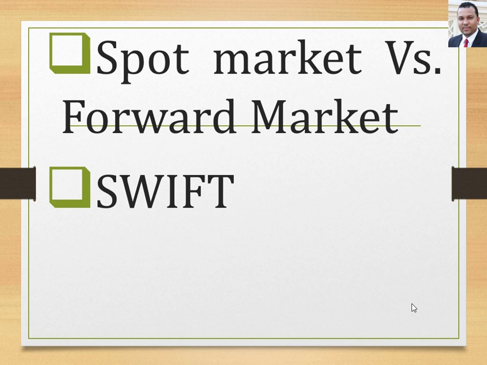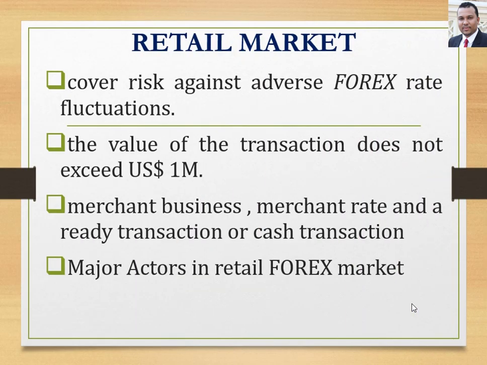The second type of the forex, we talk about the retail market. Remember, in case of interbank, we talk about a volume of transactions of more than $1 million. But in case of retail, no, lower than 1 million.